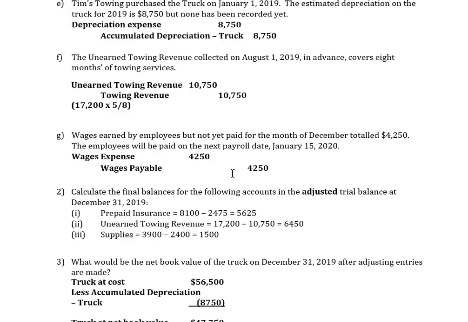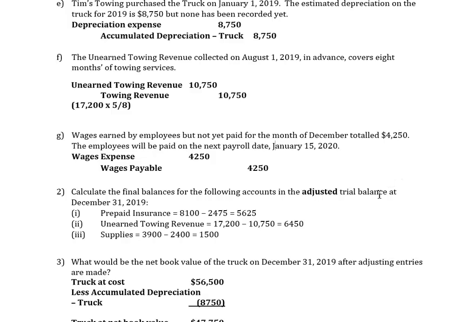We have to book the wage expense in 2019 and credit wages payable. Now, these wages payable will be paid in January 2020. But we have to set it up as an obligation or an account payable now, or wages payable now, so we include it on the balance sheet in the current liability section, so we know how much is owing to our employees for work that they did this year in 2019.